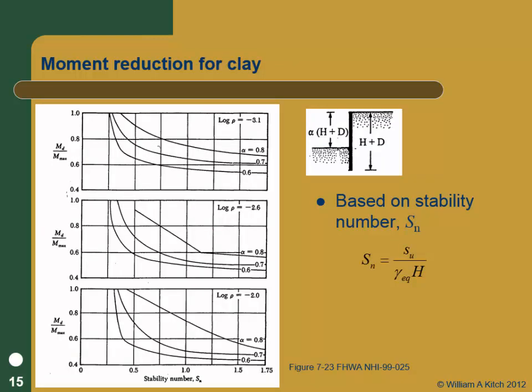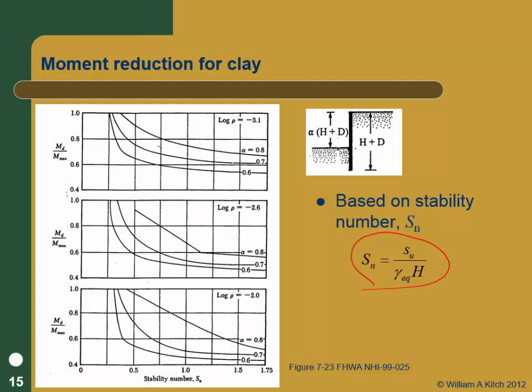If we're in clay, we're going to use the basal stability number to calculate our moment reduction. If you want to think about it, the basal stability number is really a measure of how stiff the system is. As the basal stability number gets small, we're going to be close to failure, and we're going to have a much softer system.